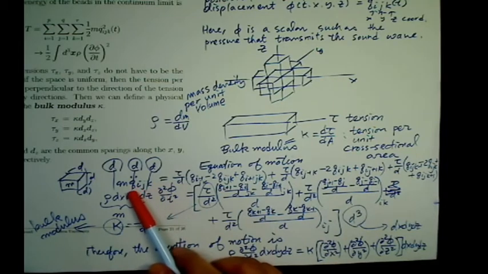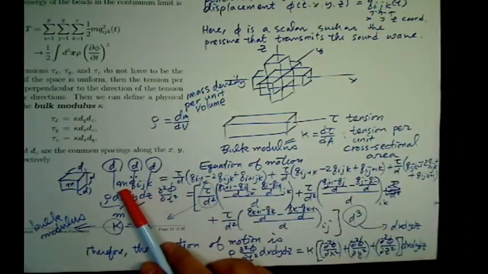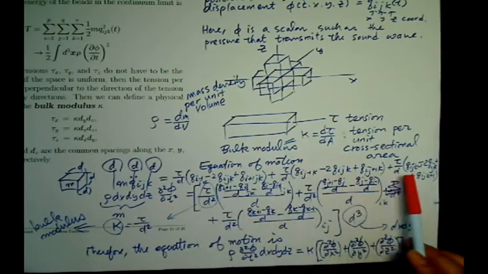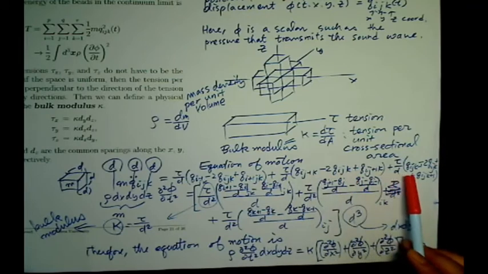Let us come back to the original equation of motion. We have three indices i, j, k, and m times the acceleration of each object at the bin i, j, k is the sum of three pieces. This one is the force due to the wave motion along the x-axis, along the y-axis, and along the z-axis.